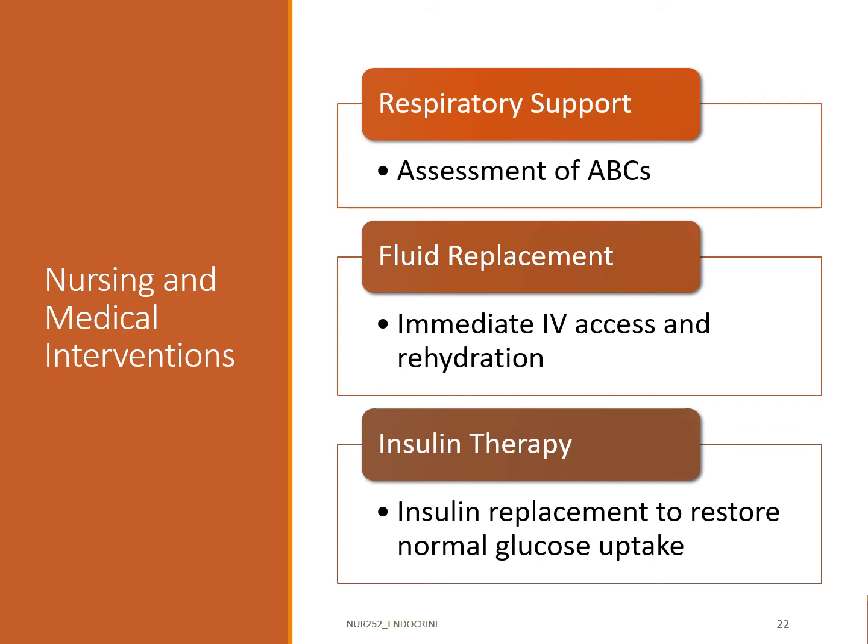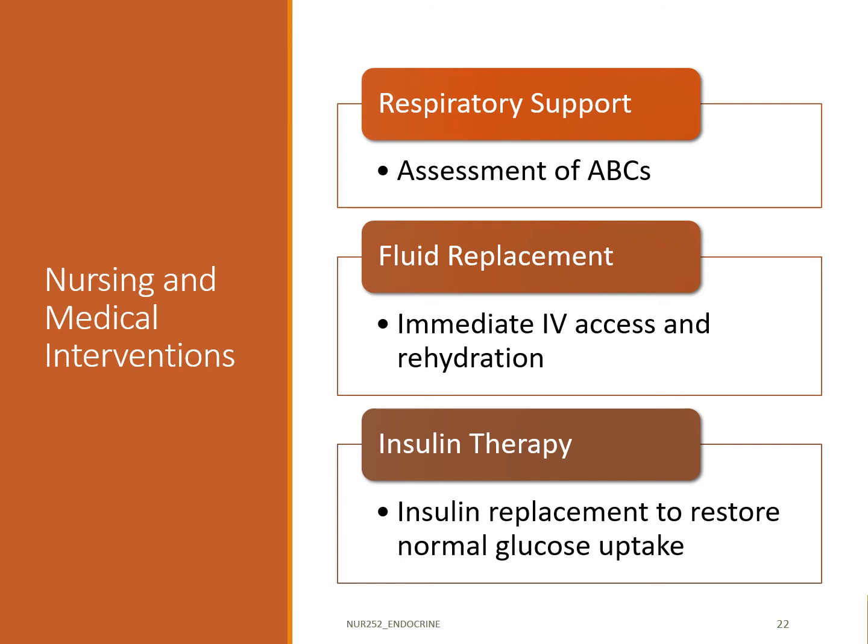Interventions include respiratory support, fluid replacement, insulin therapy, electrolyte management, treatment of acidosis, and education. Airway and breathing may be supported through the use of oral airways and oxygen therapy. In more severe cases, intubation and ventilation may be indicated.